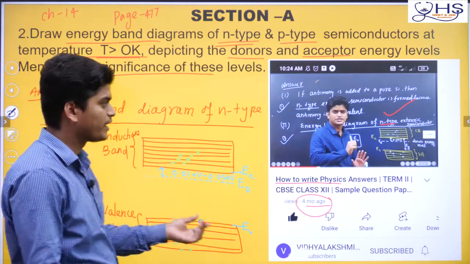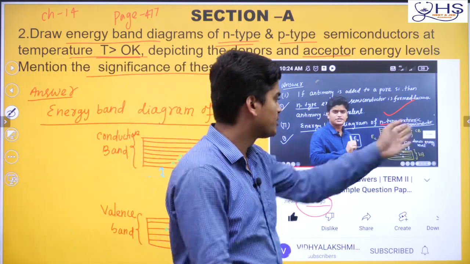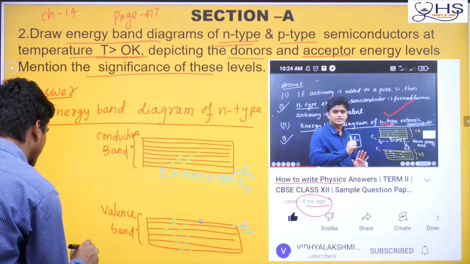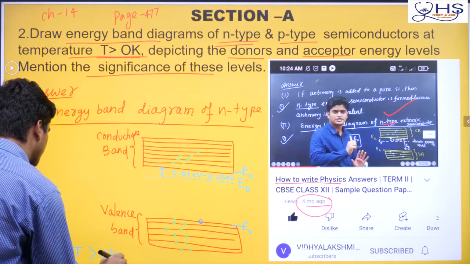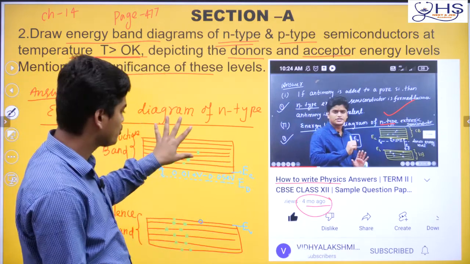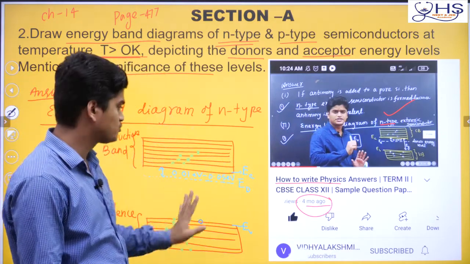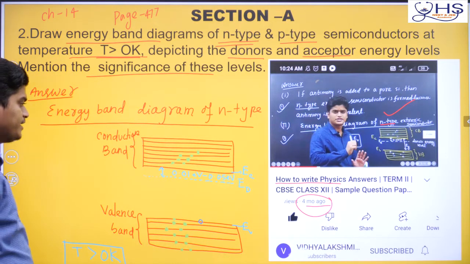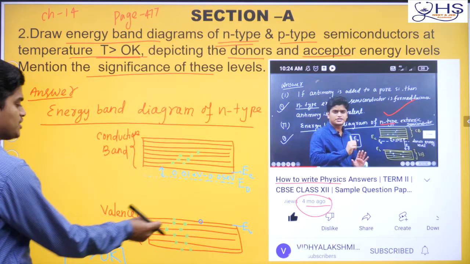I have written it here, see. For T greater than 0 Kelvin, you can write that condition, temperature is greater than 0 Kelvin. If the temperature is 0 Kelvin, then these electrons won't be up here, they will stay down, and it will act like an insulator. Now temperature is given, so some electrons are going.